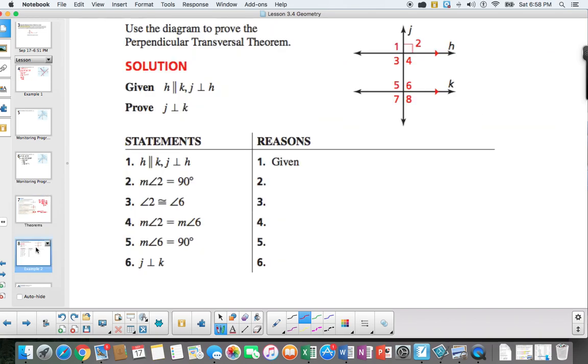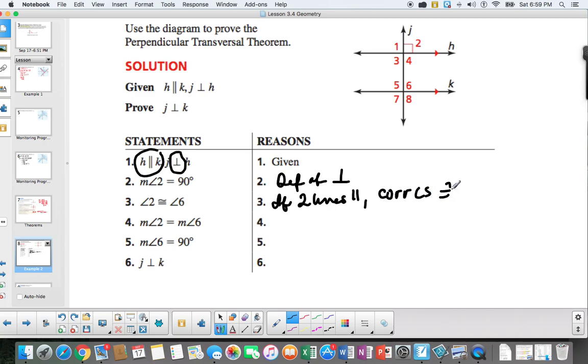Okay, let's go to the theorem that I promised you that we were going to prove. We have one perpendicular to one of the parallel lines, and we want to prove perpendicular to the other parallel line. All right, first, since we have perpendicular lines, we know we have a right angle, so that's definition of perpendicular. Now, since we have these parallel lines, we know that angle 2 is congruent to angle 6 because if two lines are parallel, then corresponding angles are congruent.